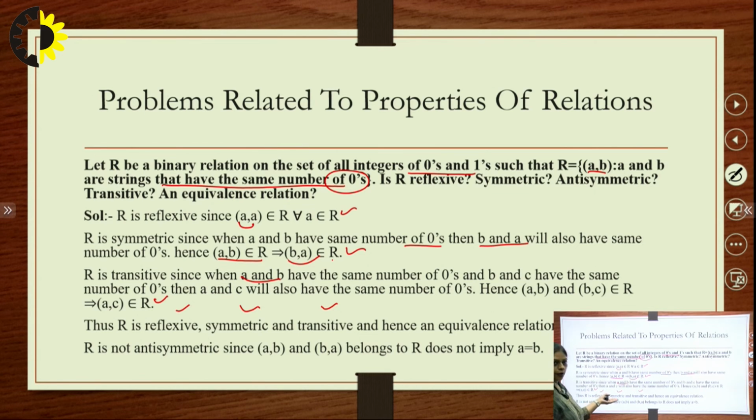It is satisfying all three properties, so it is an equivalence relation. But R is not antisymmetric, because if a is related to b and b is related to a, it does not imply that a is equal to b, because any two different strings can have the same number of zeros. So it doesn't mean that they are the same. So, it is not antisymmetric.